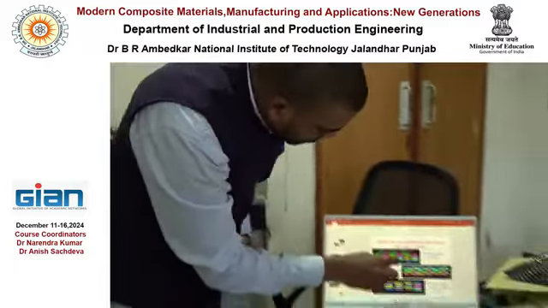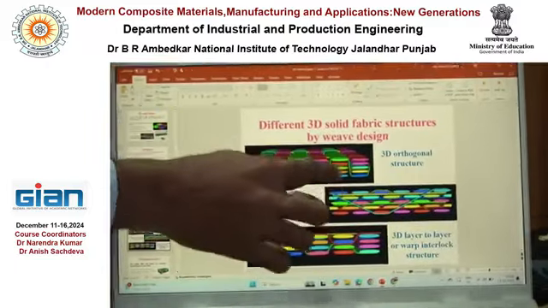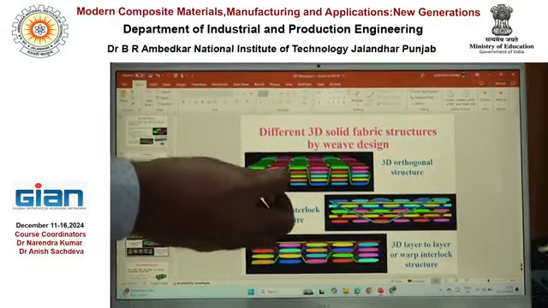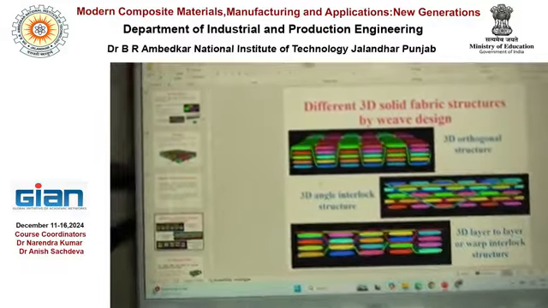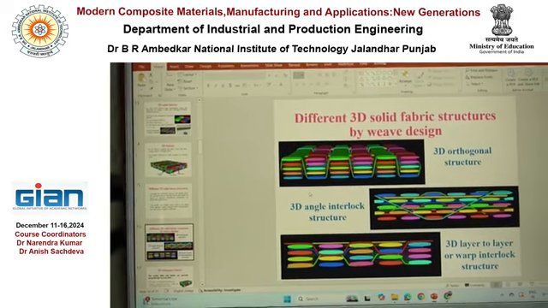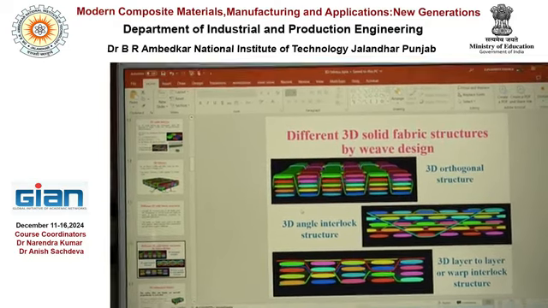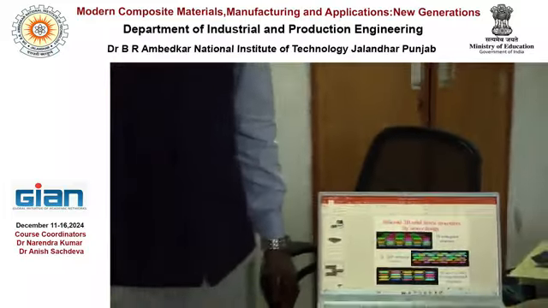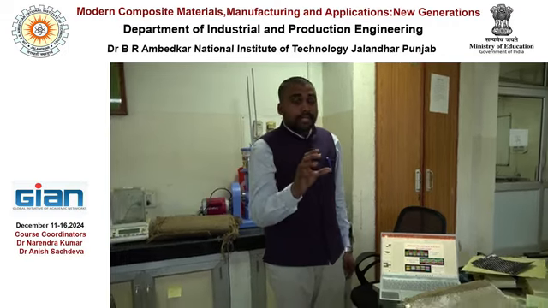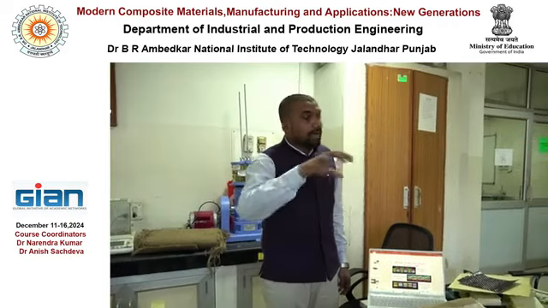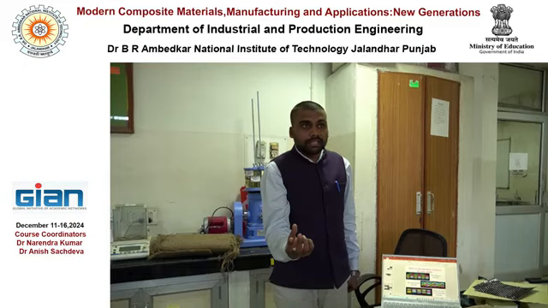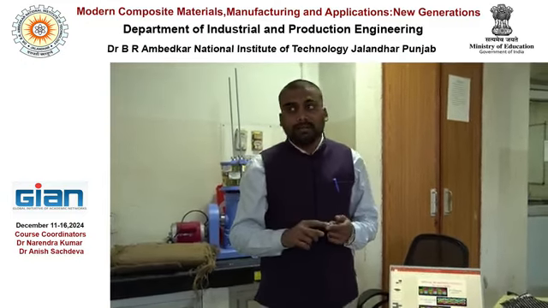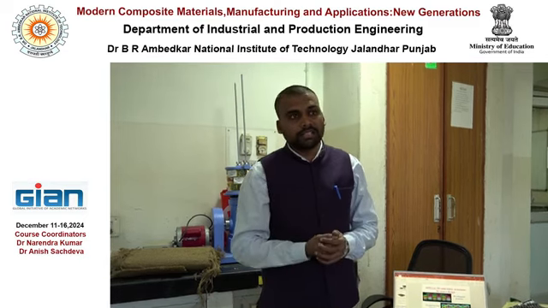So in this 3D fabric also, in case of this orthogonal structure especially, in between the layers you will get resin rich areas. They are micro areas, with dimensions less than around 1 mm, but still you will get some micro level variation in the fiber volume fraction, and these resin rich areas again are stress concentration areas.